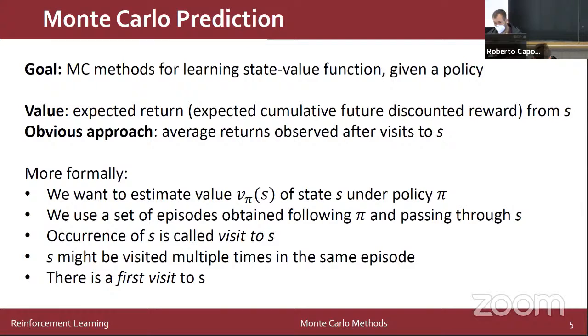We have seen that basically they just differ by the fact that you don't really use every return that you get for the same state in the case of the first visit, but only the first time you visit that state, as the name suggests. We have also said this is good, and it's probably the most studied case, but for function approximators like neural networks, you probably will use something like every visit approach.